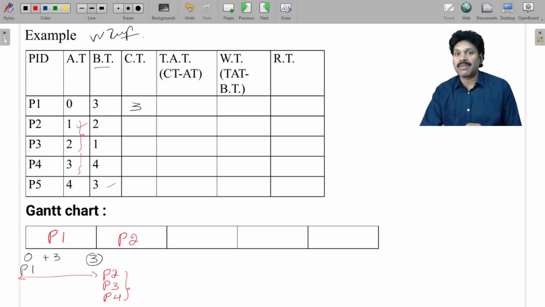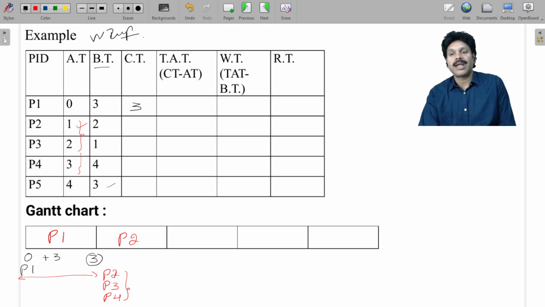And that too, it is the FCFS algorithm and it is non-preemptive in nature. Once it enters the CPU, you cannot pause it. Therefore, P2 is executed for how many units of time? 2 units of time. So it is completed by 5.